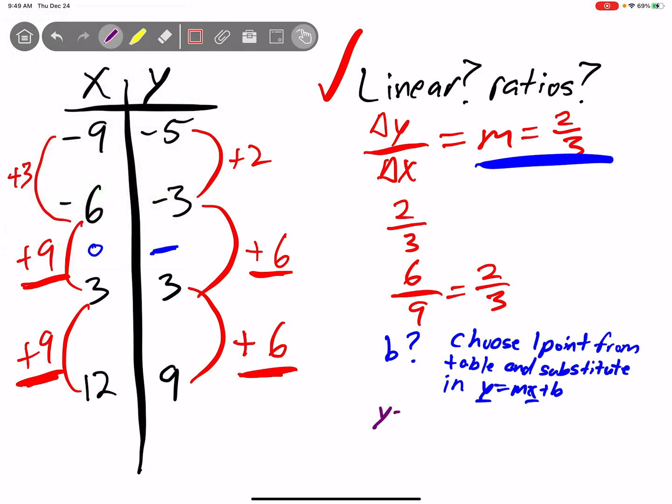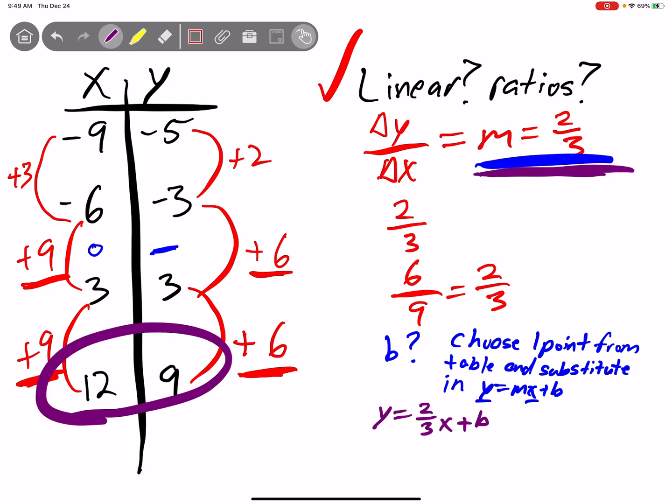We know that y equals, we found that m is 2/3, plus, we don't know what b is. Okay, this is all we have. I'm going to pick a point. I'm going to pick 12 and 9.